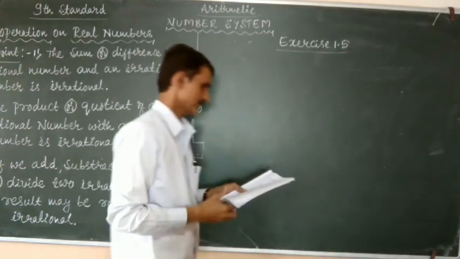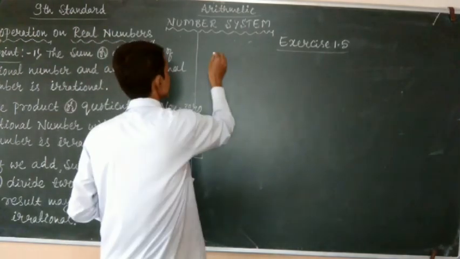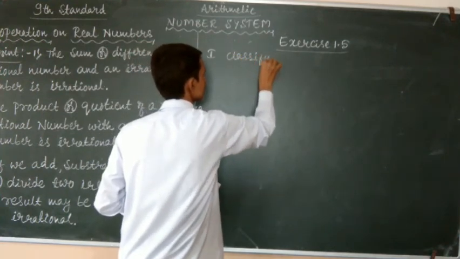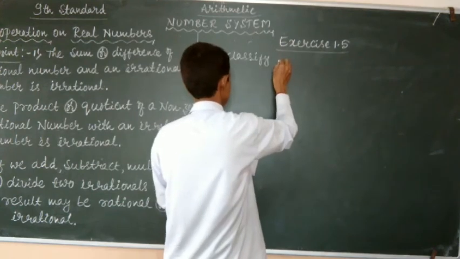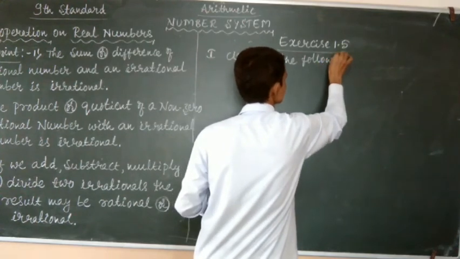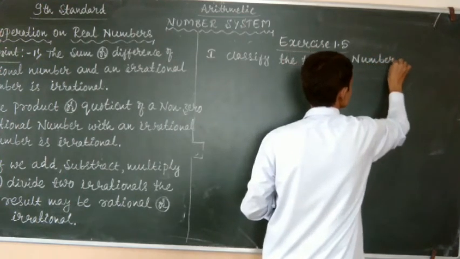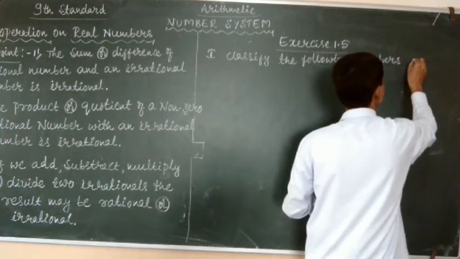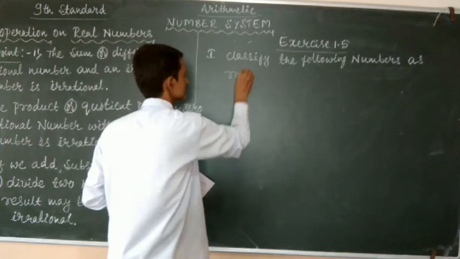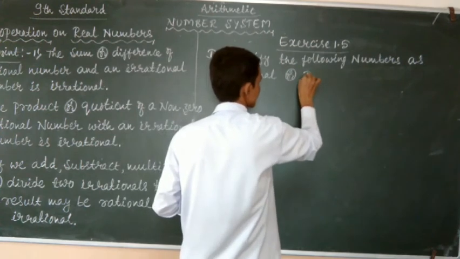In this exercise, the first question is: classify the following numbers as rational or irrational.